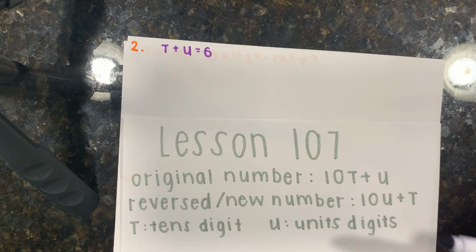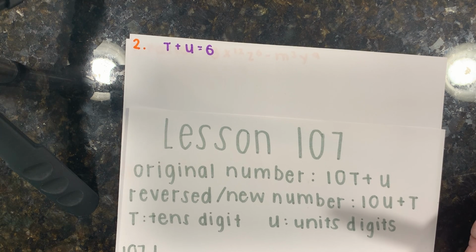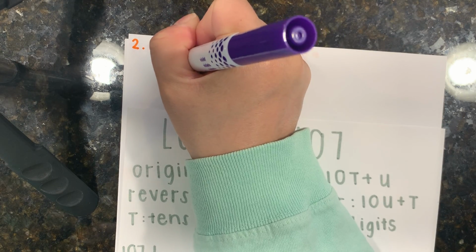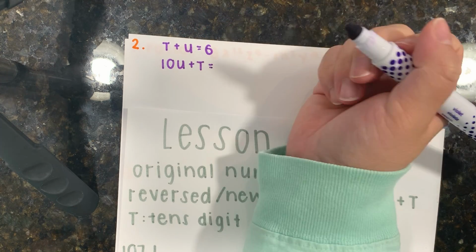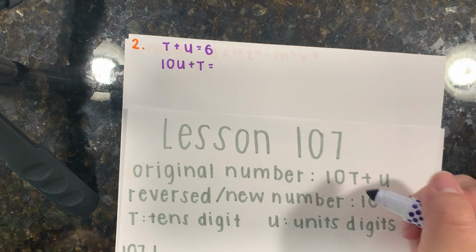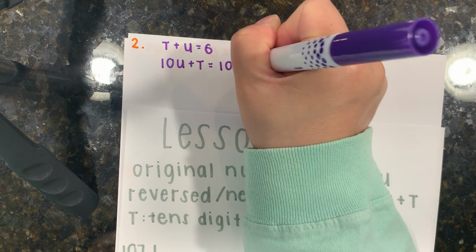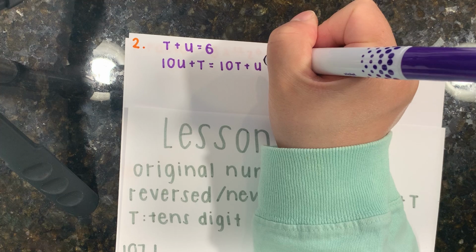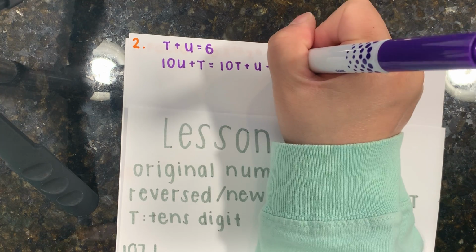Then we're going to go to these two equations that we have. It says when the digits were reversed, the new number, so this equation, 10u plus t, the new number was 18 less than the original number. The original number equation is 10t plus u, and it says 18 less than that, so minus 18.